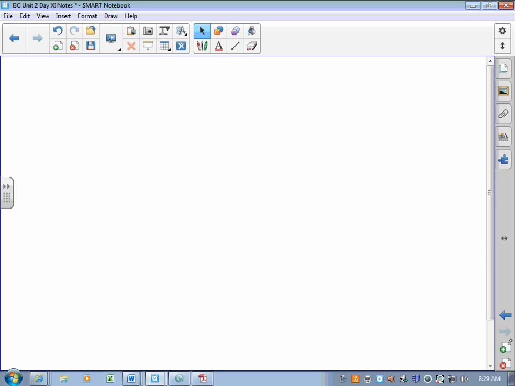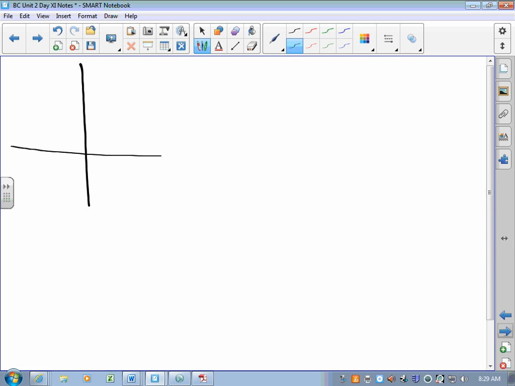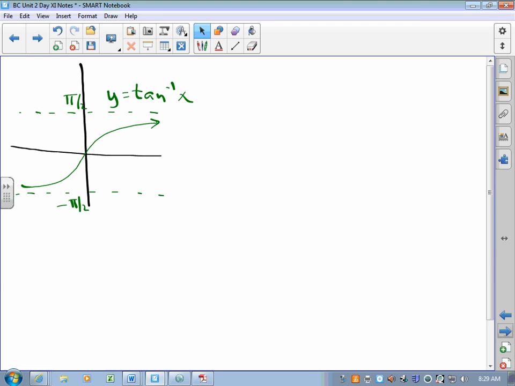Okay. I'll show one more. I'll show the inverse tan derivative. Inverse tan looks like so. We're well familiar that the asymptotes are at pi over 2 and negative pi over 2.